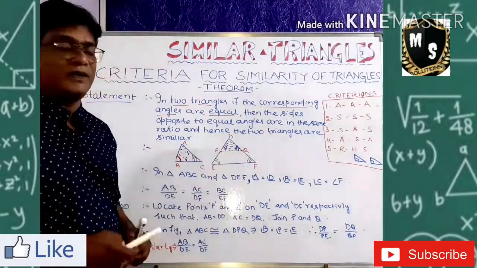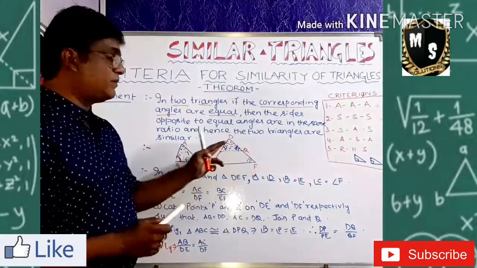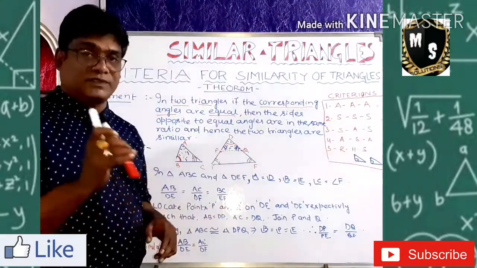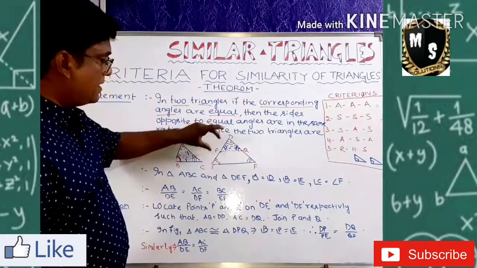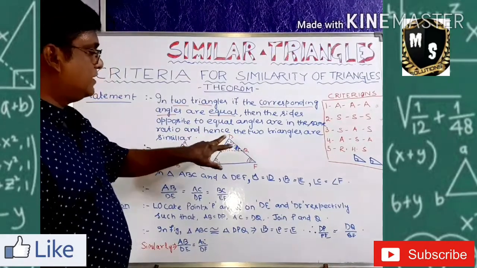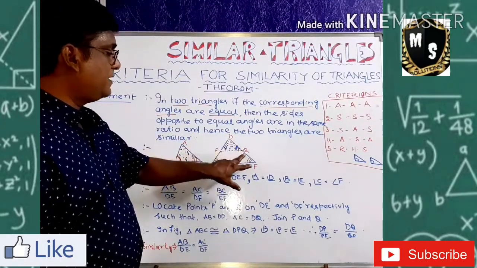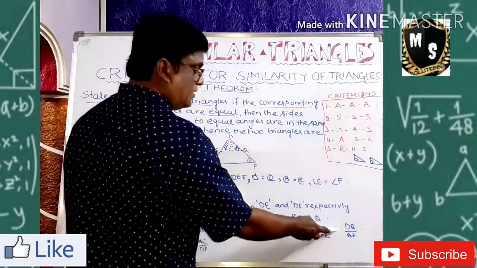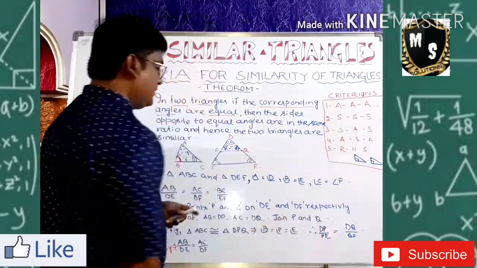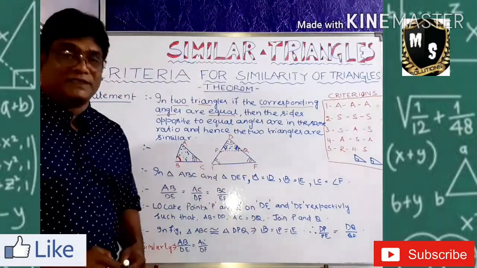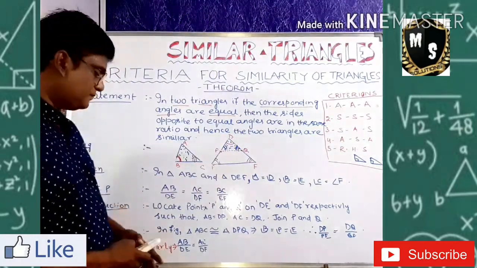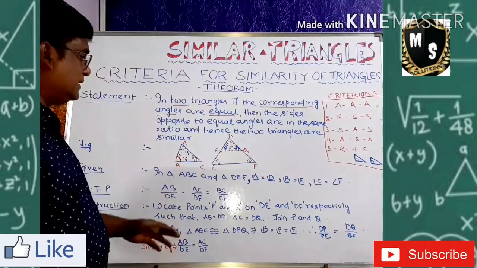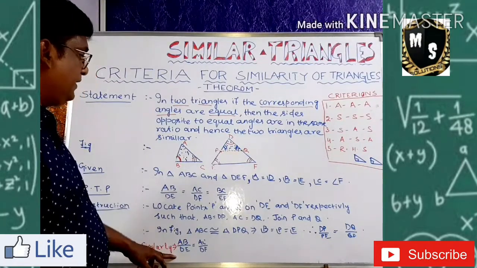If PQ is parallel to EF, in this triangle we can apply BPT, the basic proportionality theorem. That is DP by PE is equal to DQ by QF. I wrote here DP by PE is equal to DQ by QF because now it obeys the basic proportionality theorem. Next, similarly we can say AB by DE. Why AB?